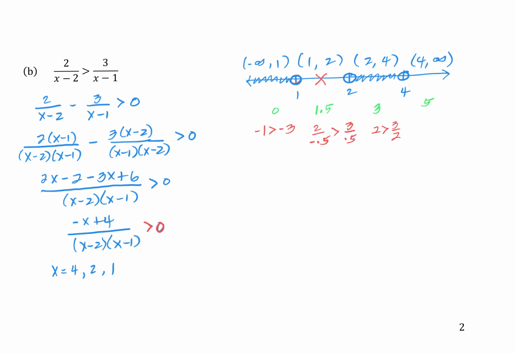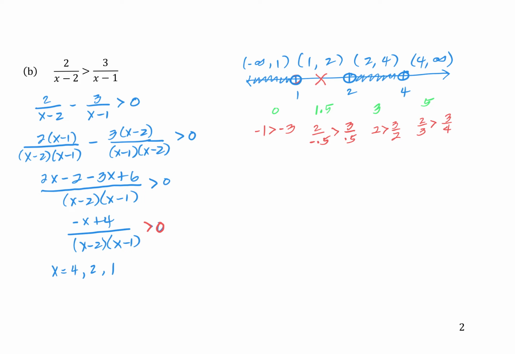Greater than 4, I chose 5 as a test point. That would give me 2 over, maybe 6 would have been nicer. Anyway, that'll give me 2 over 3. Is that greater than 3 over 4? If you put 2/3 into a calculator, it's about 0.7. If you put in 3/4 into a calculator, it's about 0.8.